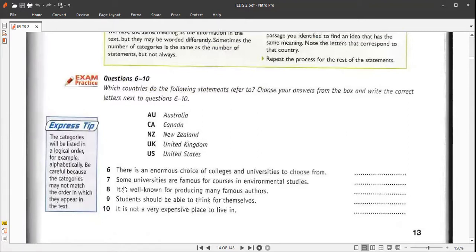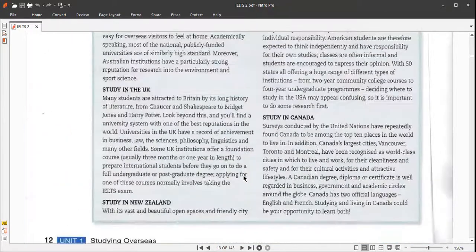There's an enormous choice of colleges and universities to choose from. This is pretty much similar to the scanning method that we have in 1 to 5. However, now we are looking for the position, or where you can find this information.